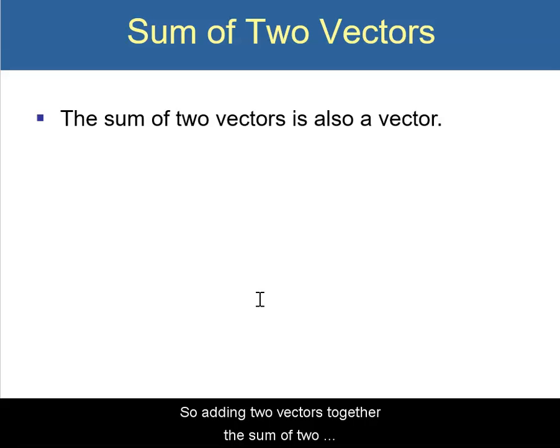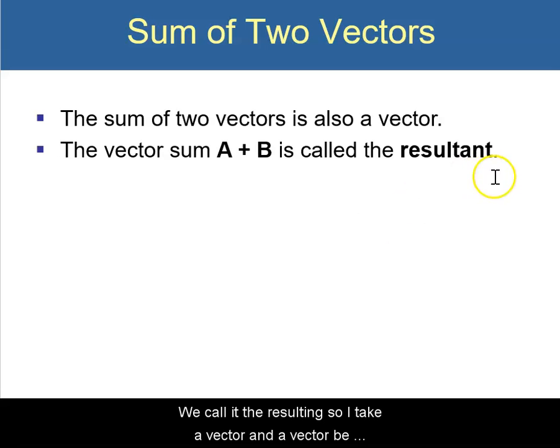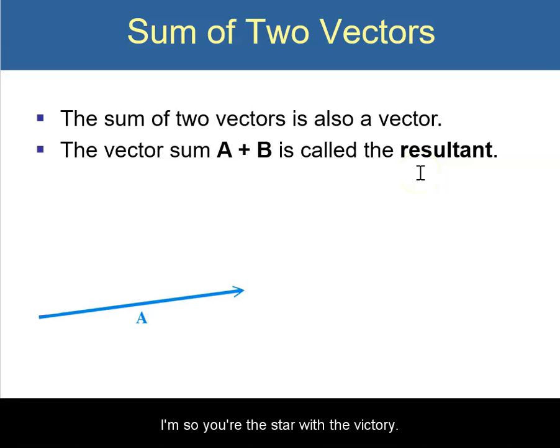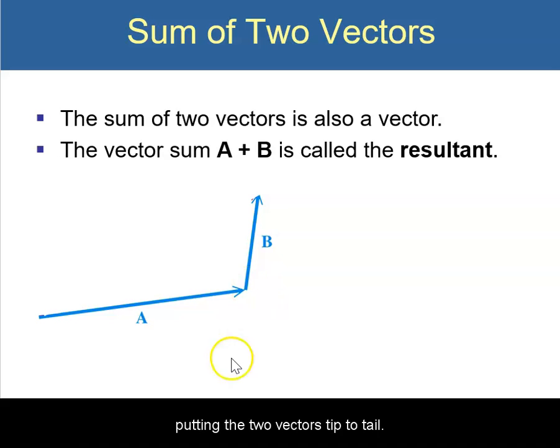So adding two vectors together. The sum of two vectors is also another vector. We call it the resultant. So if I take a vector A and a vector B and I add them together, I have a resulting vector that I call the resultant, right? So here, let's start with the vector A and let's have a vector B. Here what we're doing is we are putting the two vectors tip to tail.